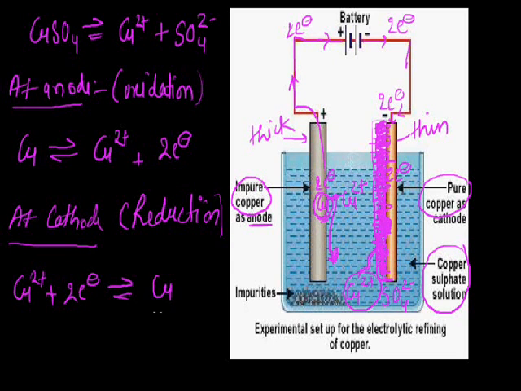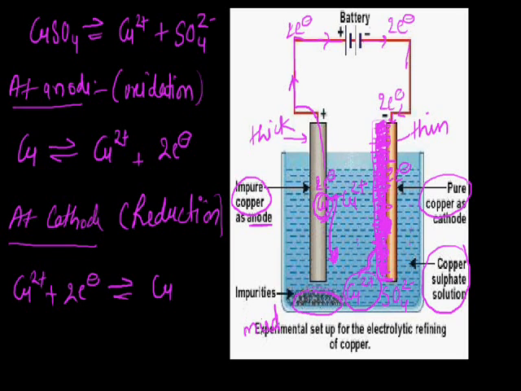After some time we observe that all the copper present in this impure copper is collected there, or we can say that we obtain pure copper here. The impurities which are soluble in the solution mix with the solution, and those which are insoluble settle down at the bottom of the anode, and this is known as mud.